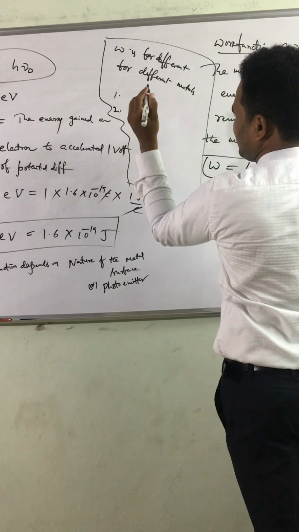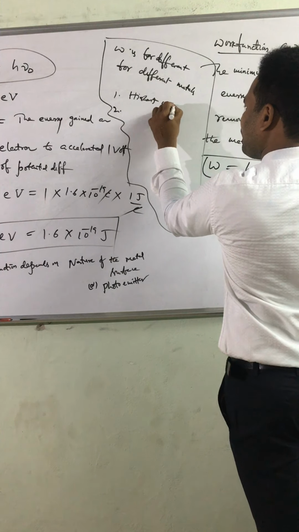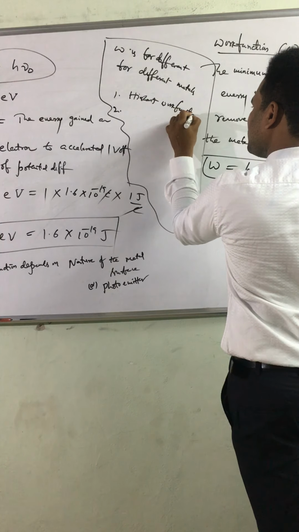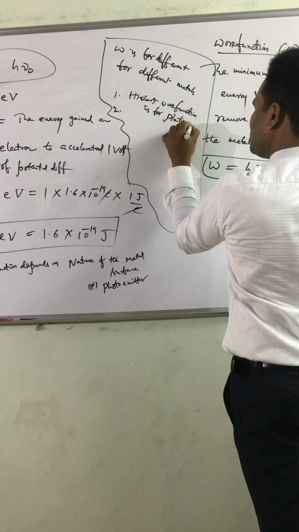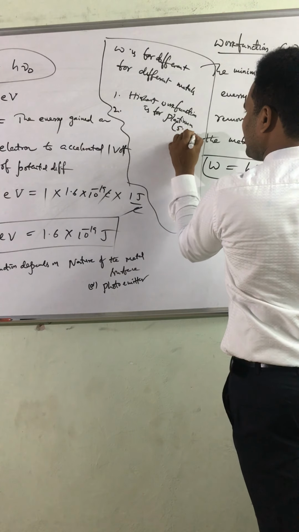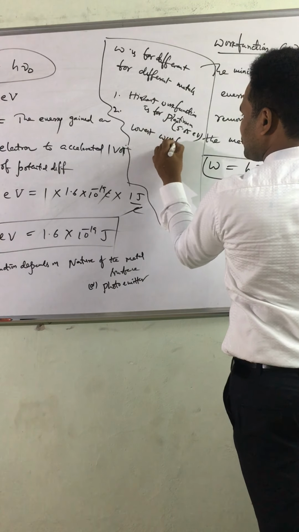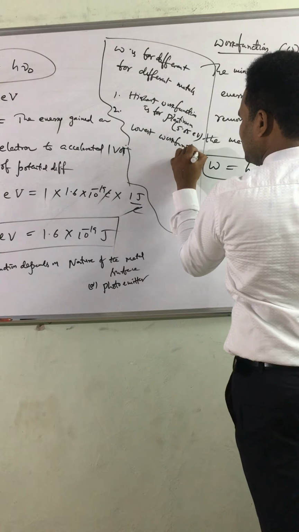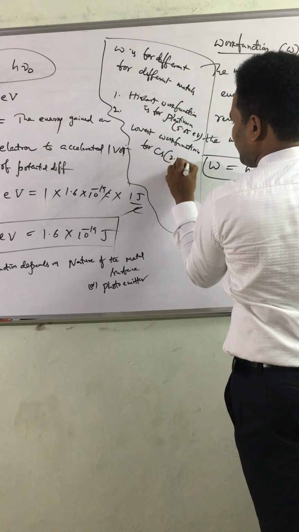The highest work function is for platinum, that is 5.65 electron volt. The lowest work function is for cesium, that is 2.14 electron volt.